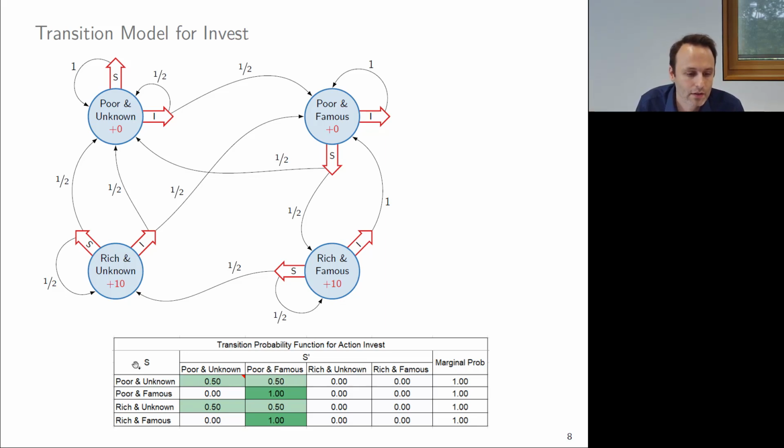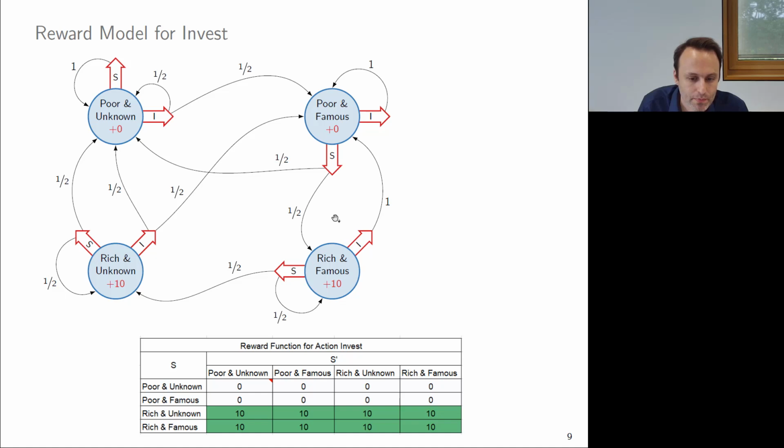That's the second 0.5 in this table. In the first column under S, you see the states that we are currently in. And you see the probability of ending up in state S prime, indicated in each of the columns where we can end up. So we complete this table, and we notice there are these red numbers that give us the rewards.